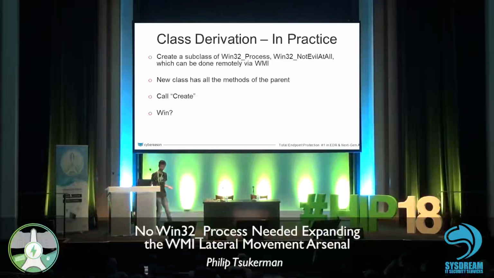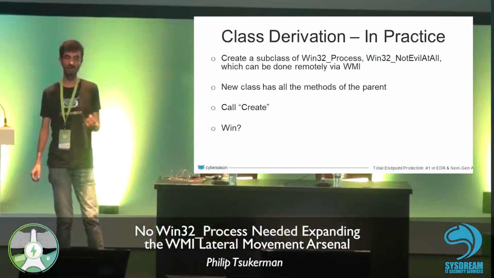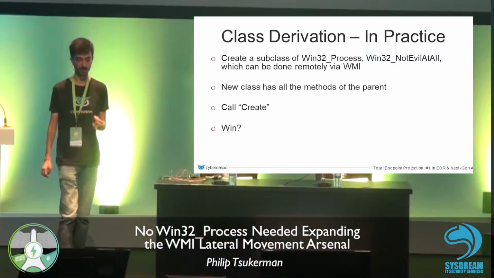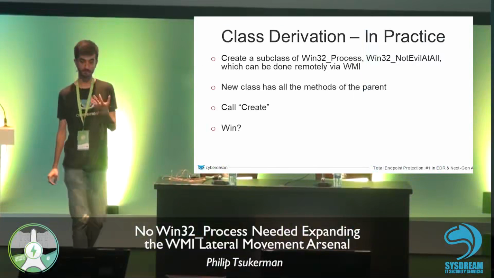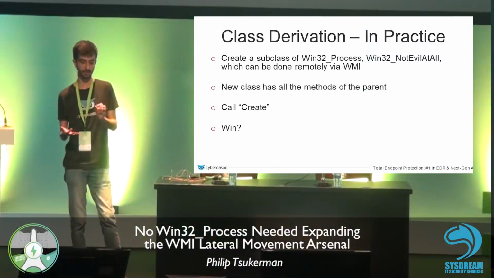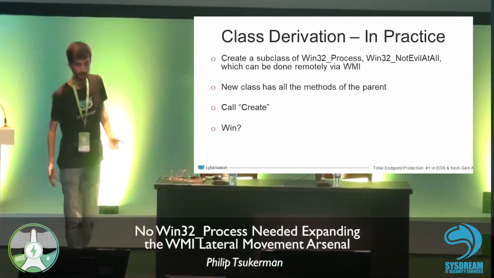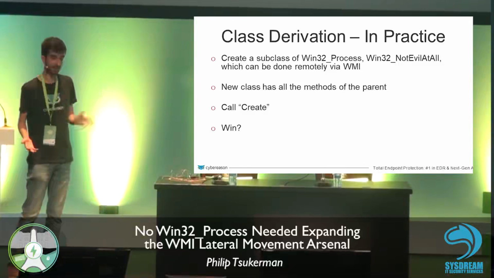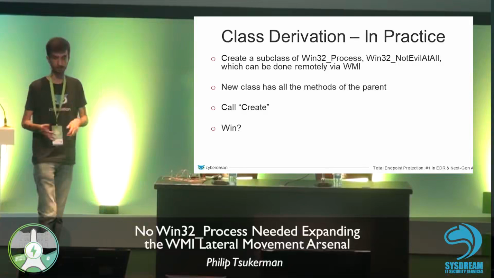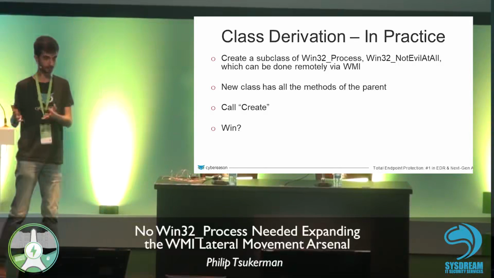So if we create Win32_NotEvilAtAll, using an API that WMI actually provides remotely, this new subclass of Win32_Process inherits all of the methods of the parent. And this means we also get the Create method. So we just call the Create method on our new class, and we've avoided directly using Win32_Process.